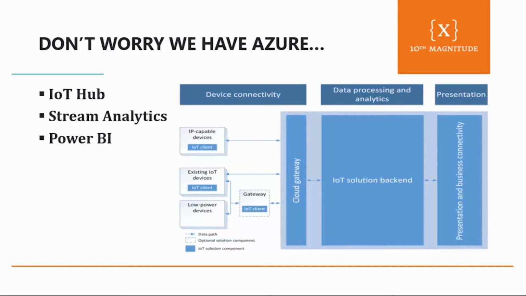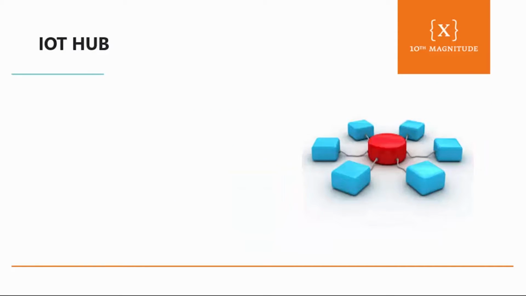So let's dive into what IoT Hub is. IoT Hub is a message ingestion service. There are millions of devices out there, and they want to throw messages into cloud. So IoT Hub acts as a connector between your devices and cloud.